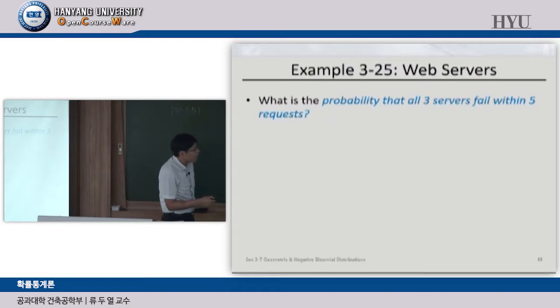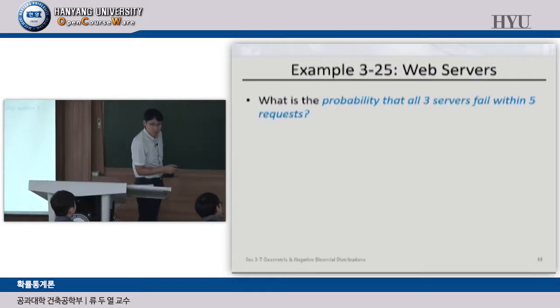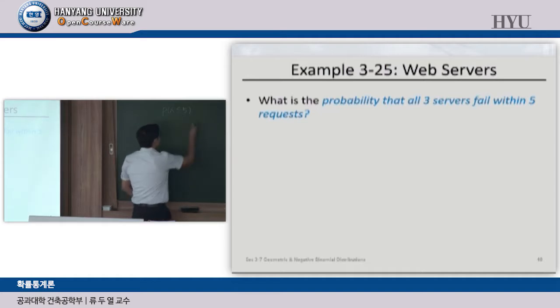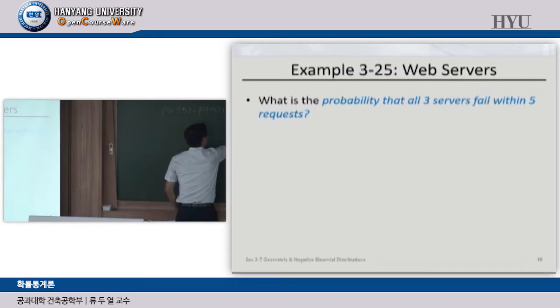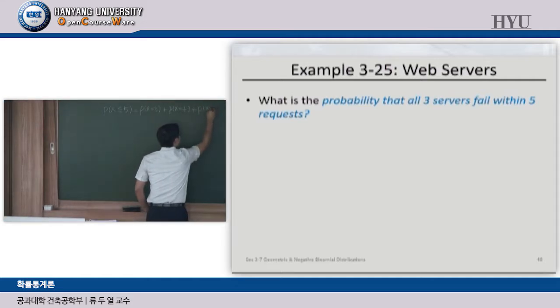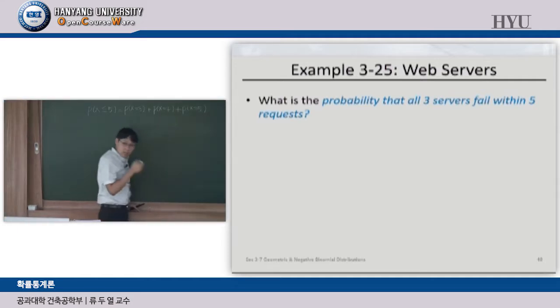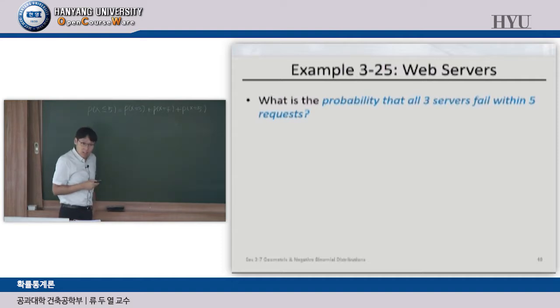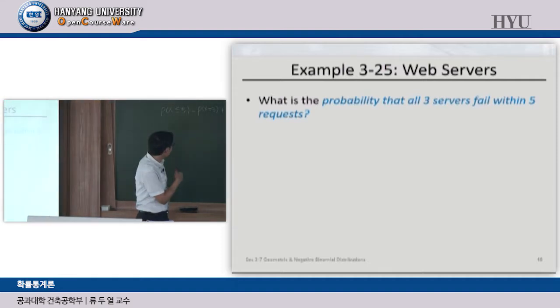Why? Because we have to obtain all 3 servers with failure. So this is the summation of the probability of x equal to 3, plus the probability of x equal to 4, plus the probability of x equal to 5, because x should be equal to or larger than 3.